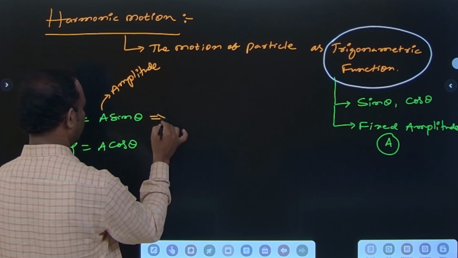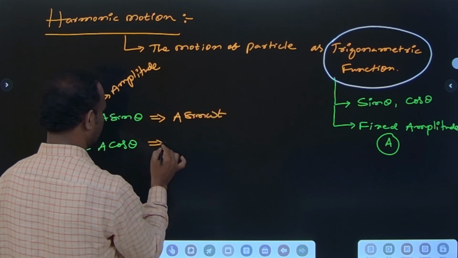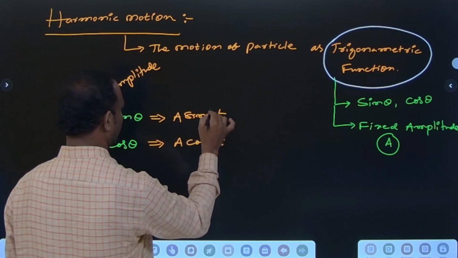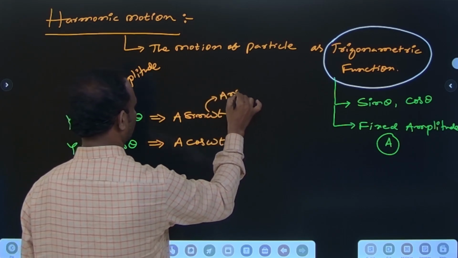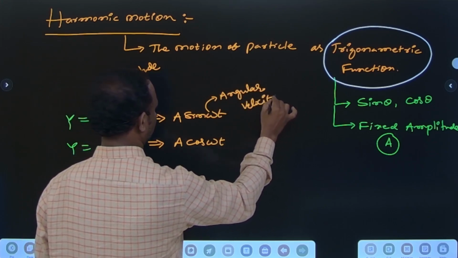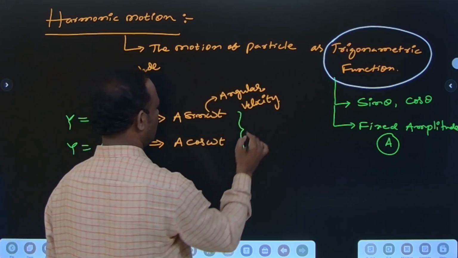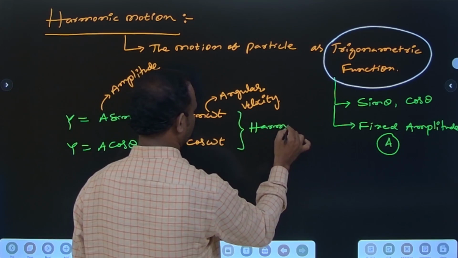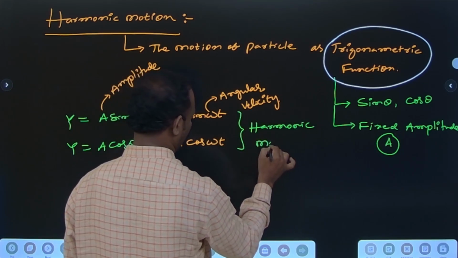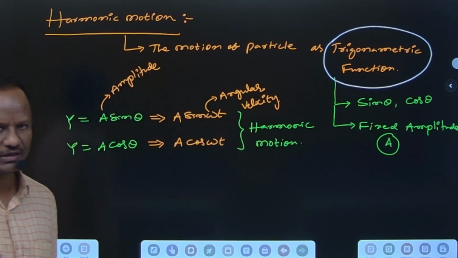I can also write y equals A sin omega t, or A cos omega t. Omega is the angular velocity. These are called harmonic functions or harmonic motion. The particle is executing harmonic motion.